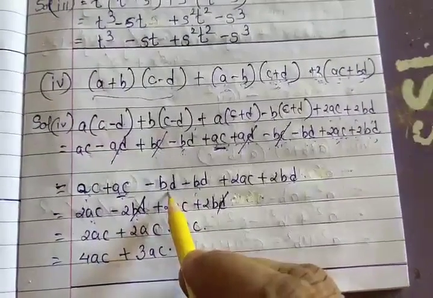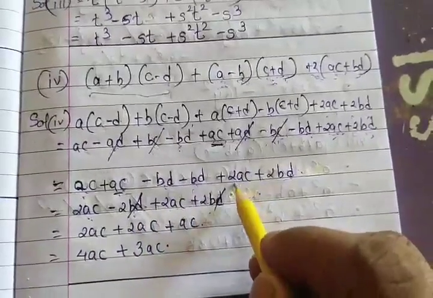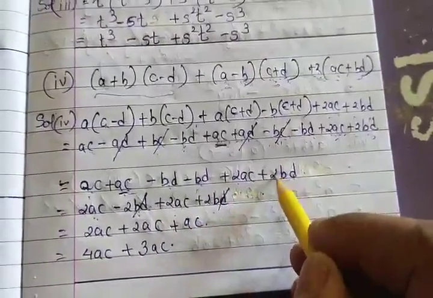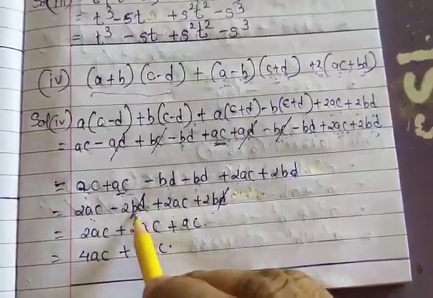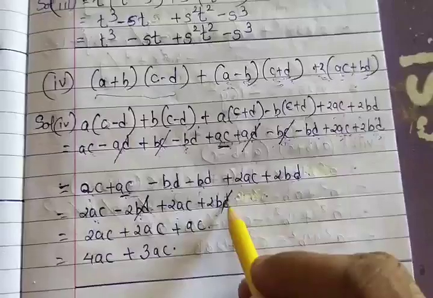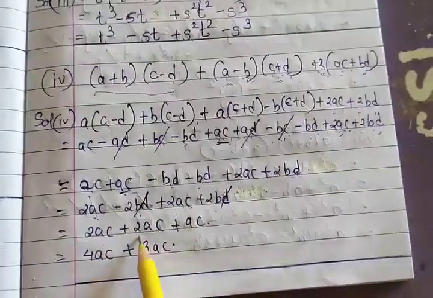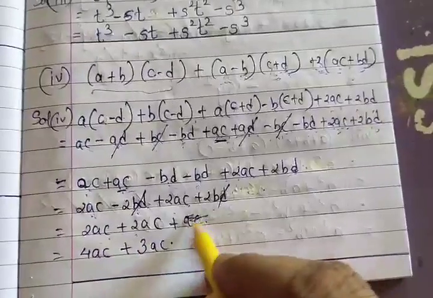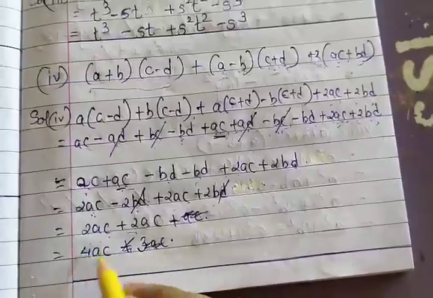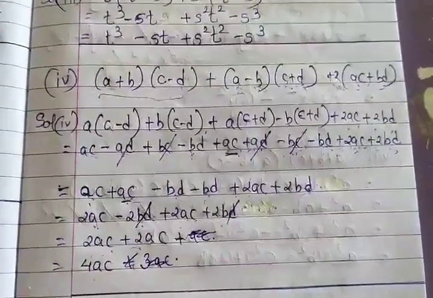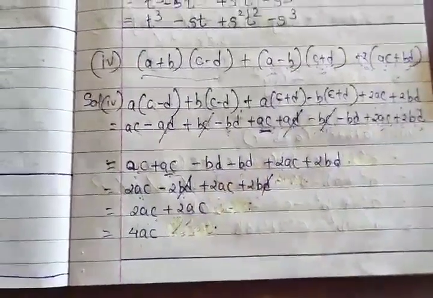Then negative bd and negative bd will become negative 2bd, and 2ac as it is, and positive 2bd as it is. Then here negative 2bd and positive 2bd are possible to cancel, so cancel it. Then 2ac plus 2ac will become 4ac.